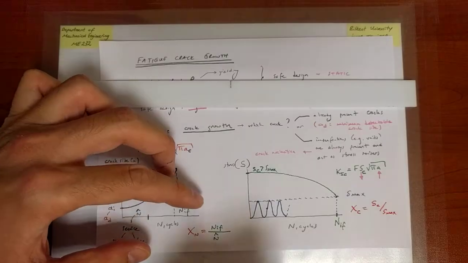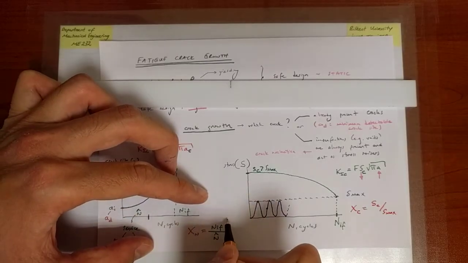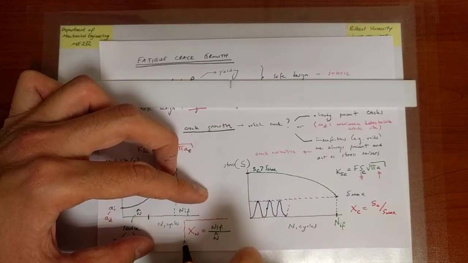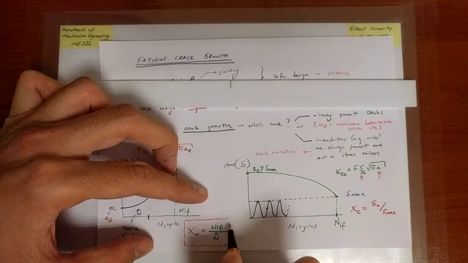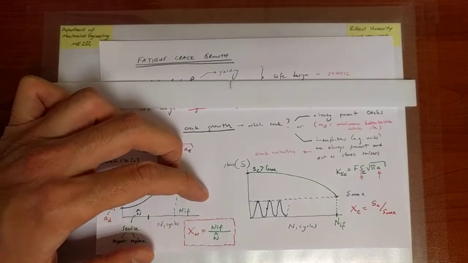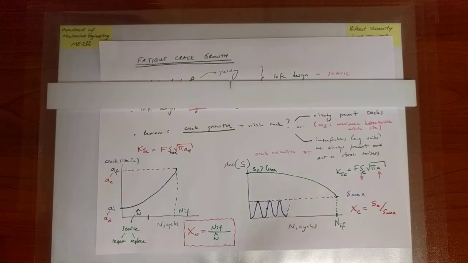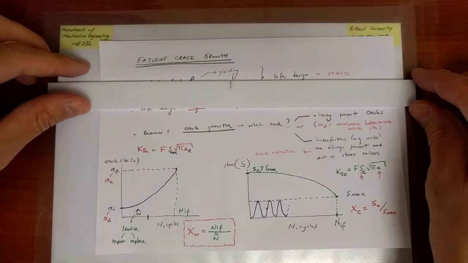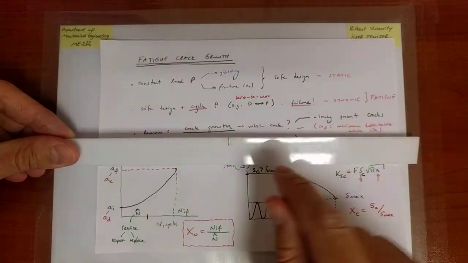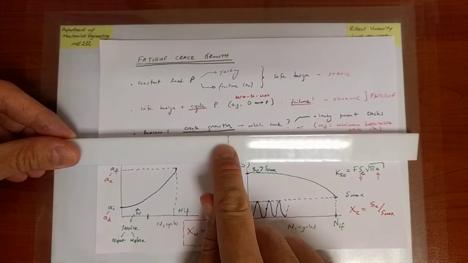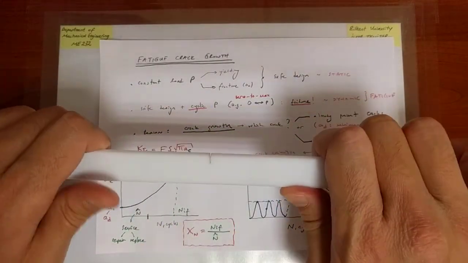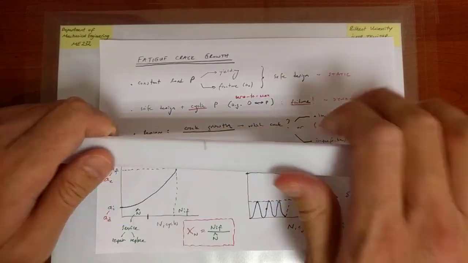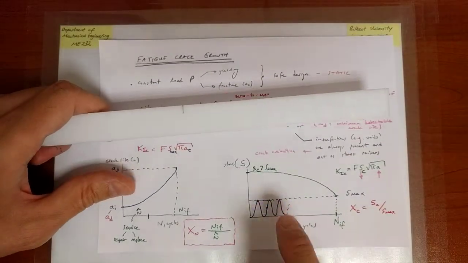Now, let me take this thing into a box, because it's eventually going to be critical. My concern is going to be a very simple question. My question is the following. I have a structure and it has an initial crack size. And I know the geometry, I know the crack, and I know how I am going to load it. I know the blue line.